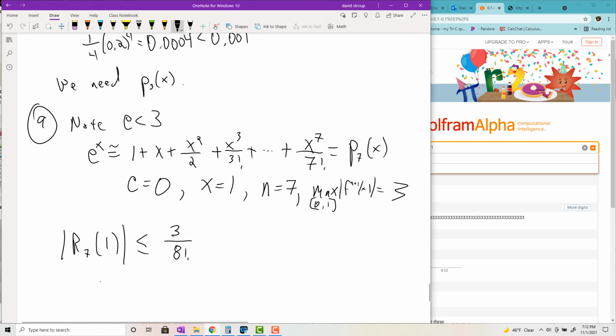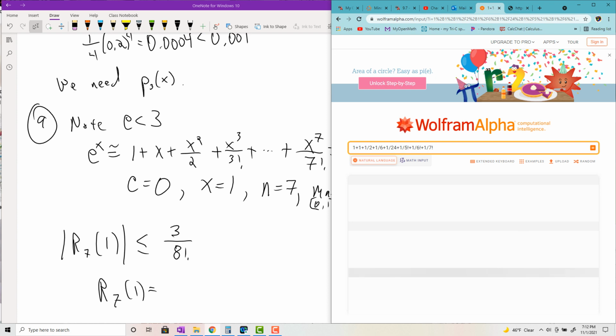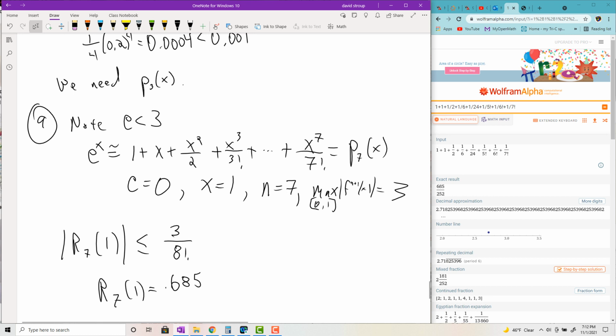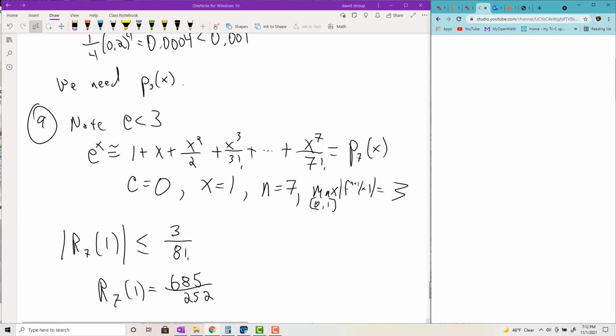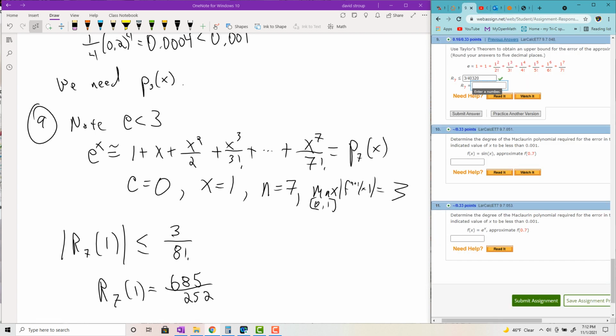Okay, so that should equal 685 over 252. About 2.71, which is what e is about. Okay, so let's put that in. 685 all over 252. Let's see if that works.